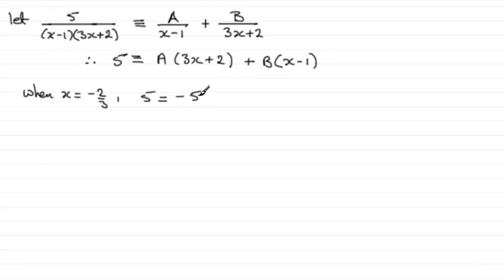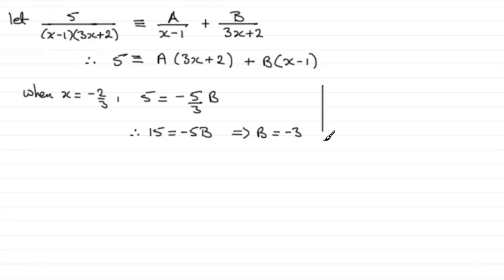So you've got minus 5/3 multiplied by b. And what we can do here is multiply both sides by 3, and that will give us 15 equals minus 5b. And if we divide both sides by minus 5, we end up with b equaling minus 3.